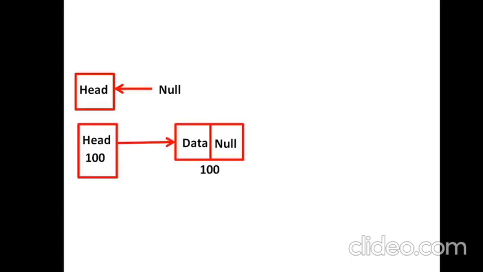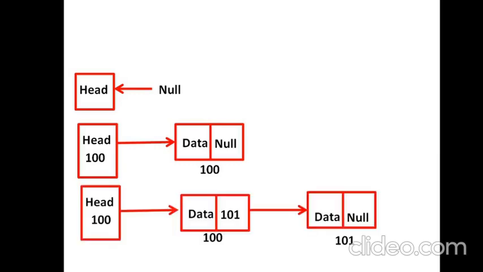Here is a representation of how the nodes are created in order. Initially we will have a head field with a null value. Then we will add one node to that. I'm just assuming, for example, that the address of the first node is 100, which means the head will have the address 100. Next, we create one more node whose address is now pushed into the previous node.